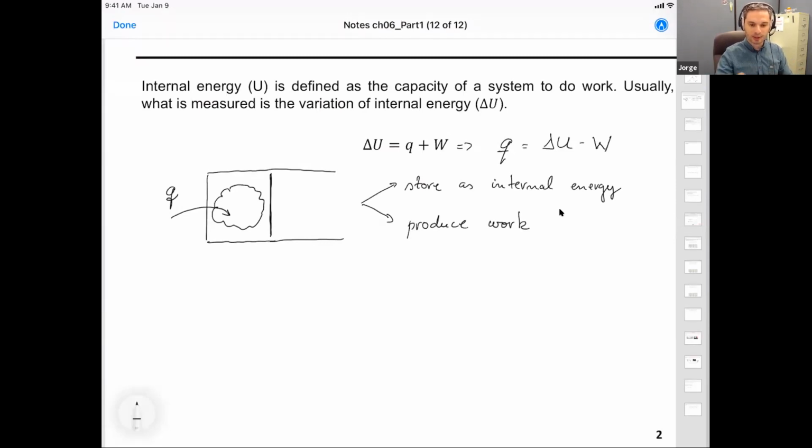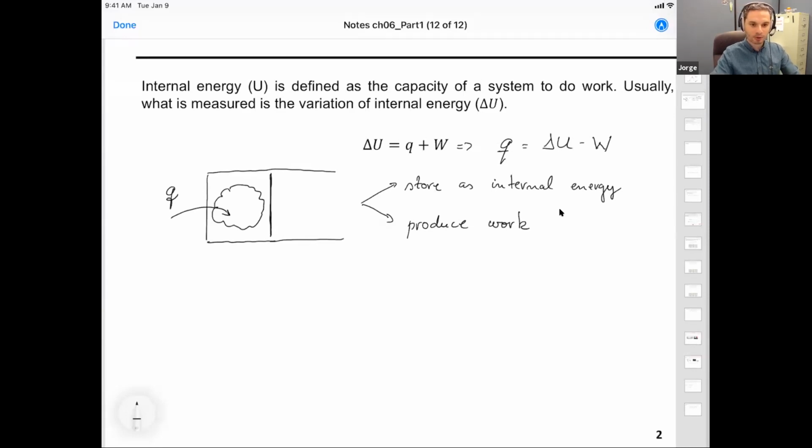So imagine the amount of heat as money. If someone gives you money, you can keep the money in your bank account. That's the same as internal energy. Or you can spend the money, and that's the same as producing work.